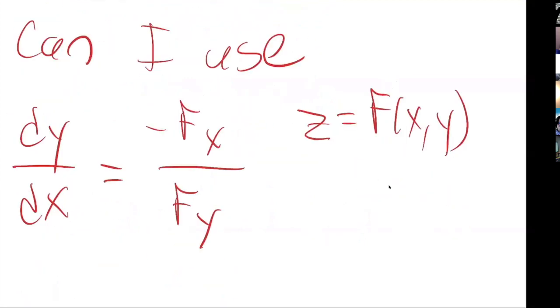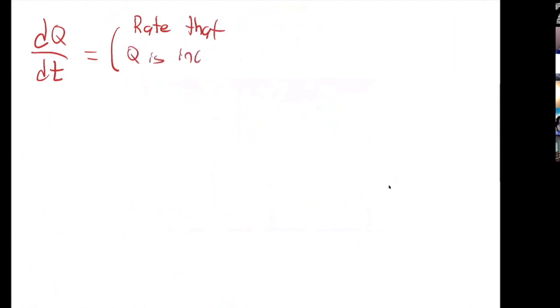For the mixture problems, the main gist is that for any quantity Q, if you're trying to figure out at what rate Q is changing, you take the rate that Q is increasing and subtract the rate that Q is decreasing.